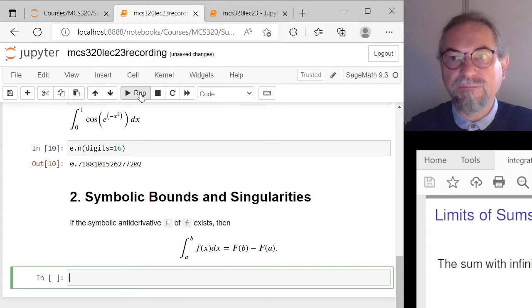So this is the fundamental theorem of calculus.